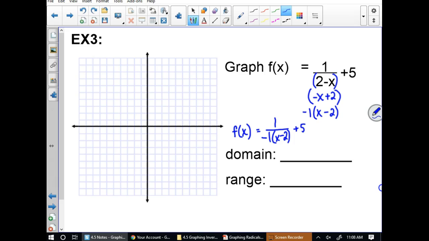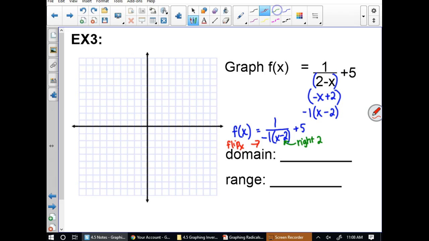Okay, so by factoring that negative 1 out, now it's on the outside. Now it is going to flip over the x. So that negative right now is going to flip. And now we have it where it's an x minus 2, so we know what that does, right? That's going to move it to the right 2.